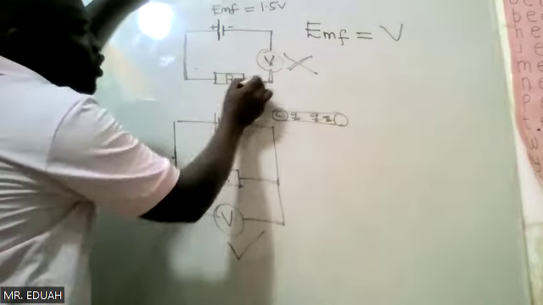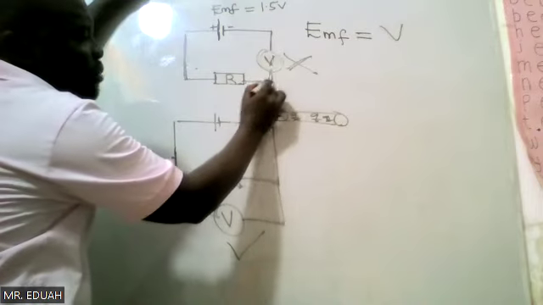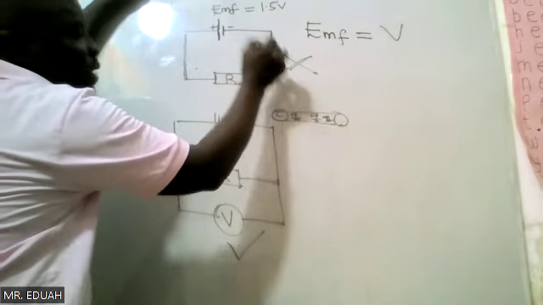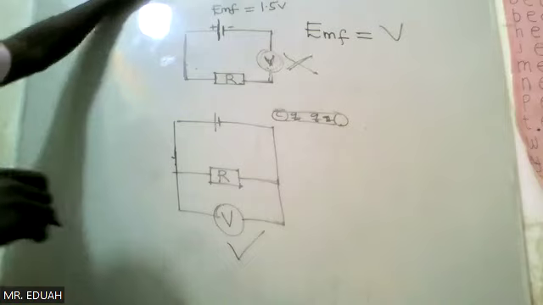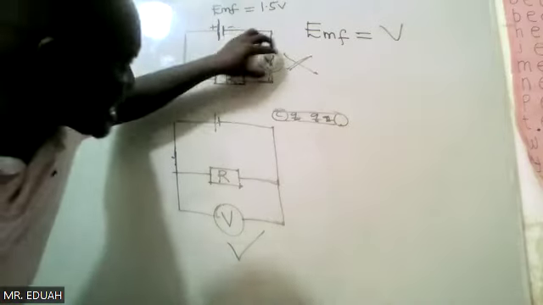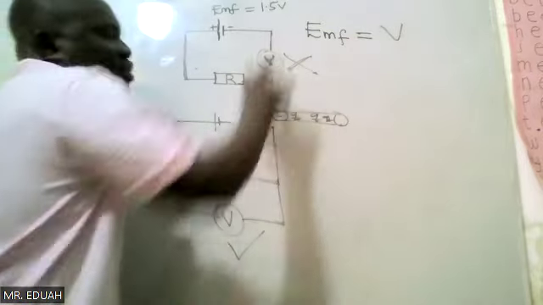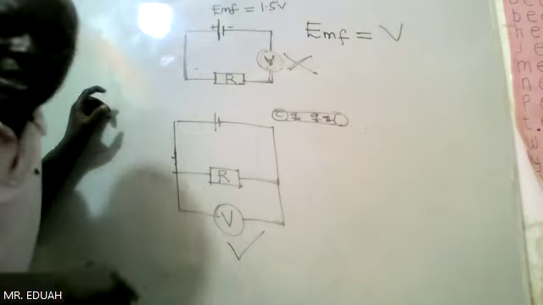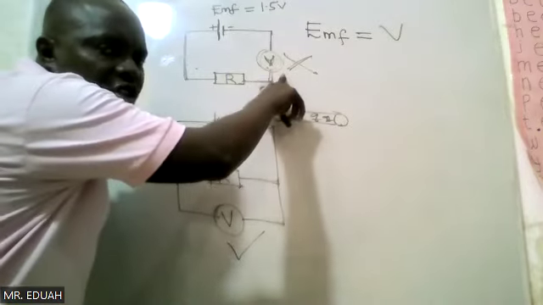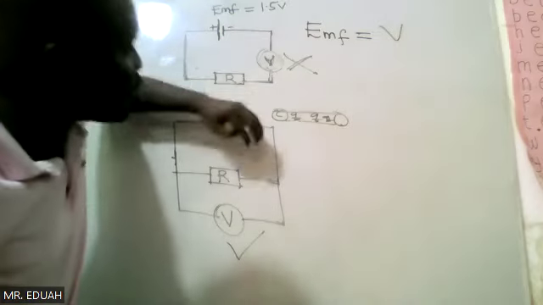Now, when you connect the voltmeter in series, the charges are still moving within the conductor. When it gets to the voltmeter, because it has a very high internal resistance, it cannot pass or move across the voltmeter, because the voltmeter will resist it. So the charges will not go.